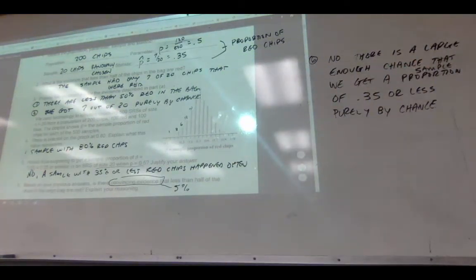So there's a large enough chance that we get 0.35 as a sample proportion purely by chance, that there's not convincing evidence that less than 50% are red in the bag.